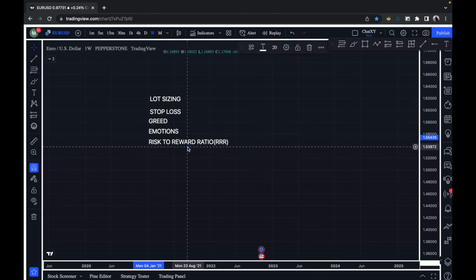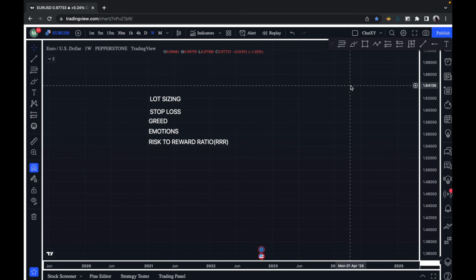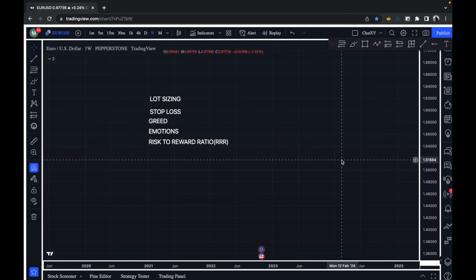So risk to reward ratio, that's the RRR. This is mostly for beginner traders. If you just started trading a real account, or you are new in Forex trading, you have to observe your risk to reward ratio. It is very, very important.